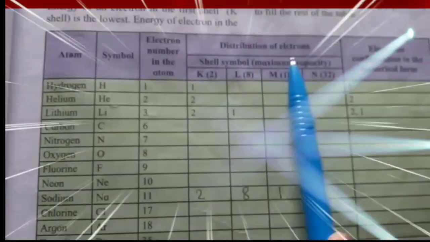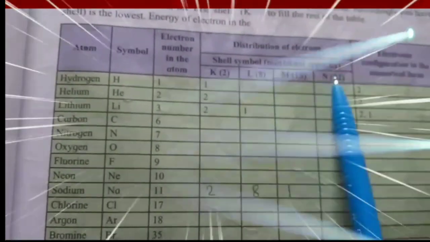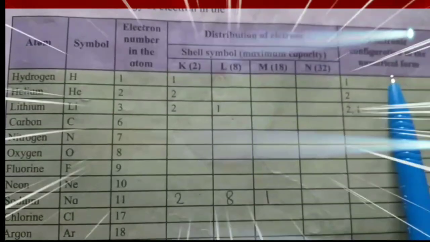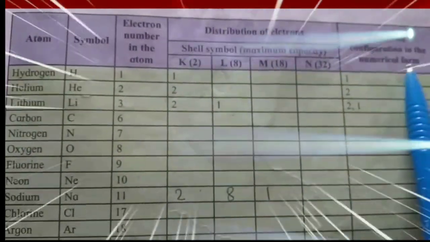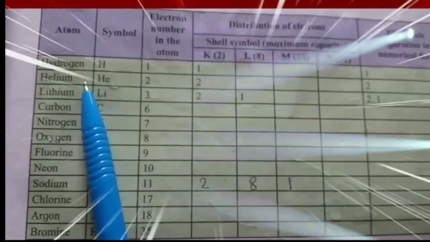Then is the distribution of the electrons in shells, with maximum capacity K 2, L 8, M 18, N 32, and the electronic configuration in the numerical form.